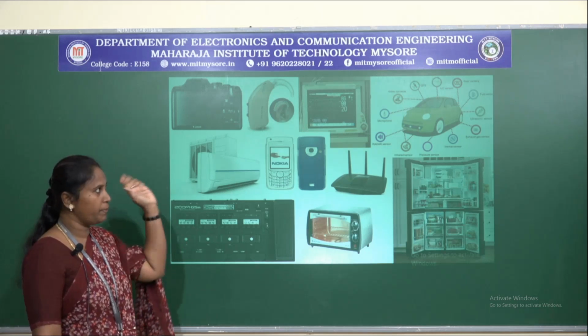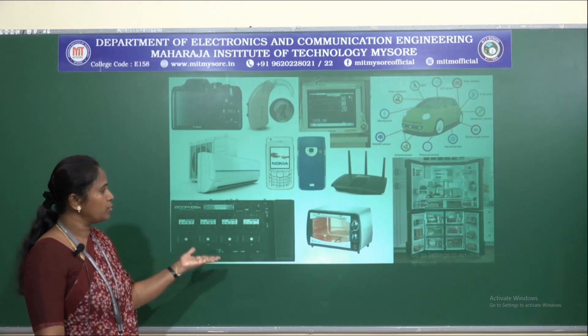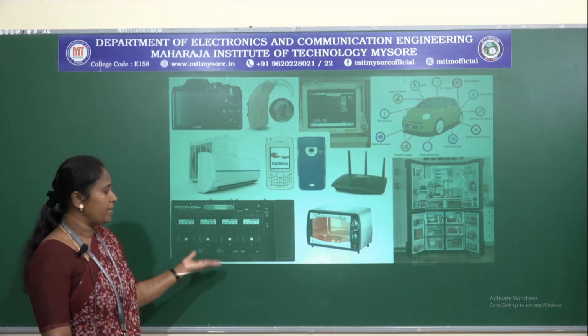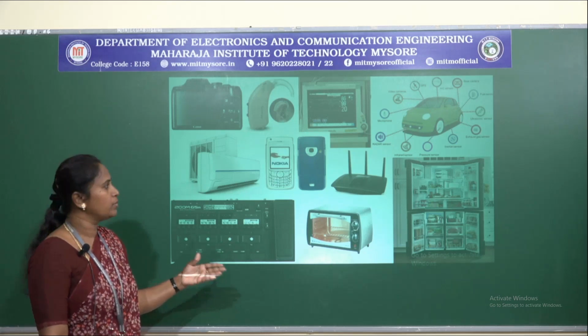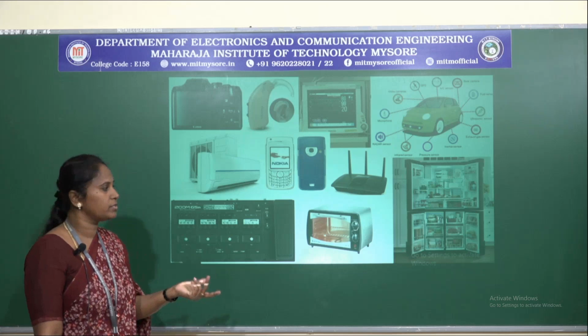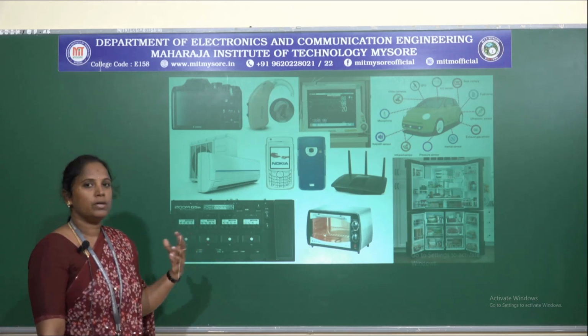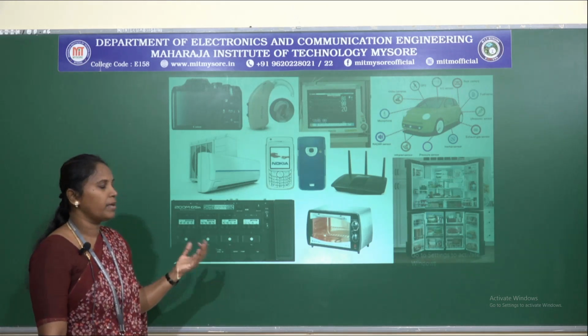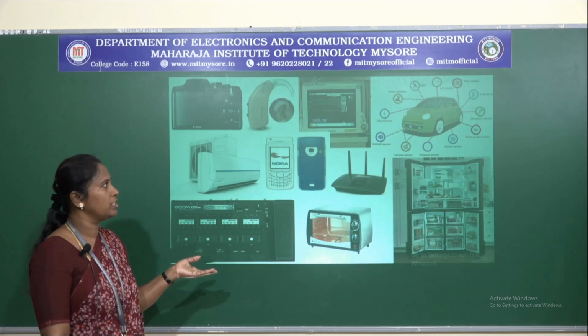This overall picture shows the application areas in which we use them. In yesterday's class we discussed two applications: one is the air conditioning system, and the other is the washing machine.